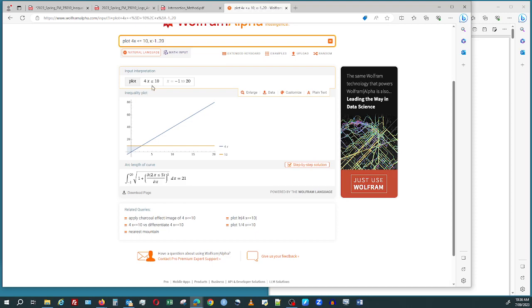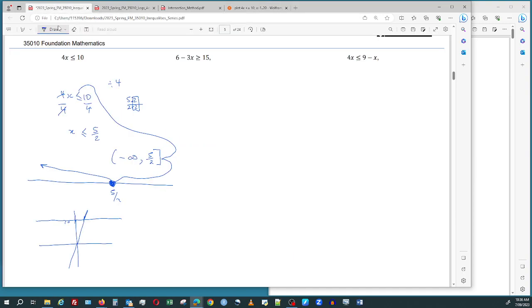Okay, so in this case here, everything that's less than 10 for our function, all of this information here is part of the solution going off to negative infinity. Okay, and this value here would be 5 on 2. So your geometric interpretation can be just as important as you're doing your equations.